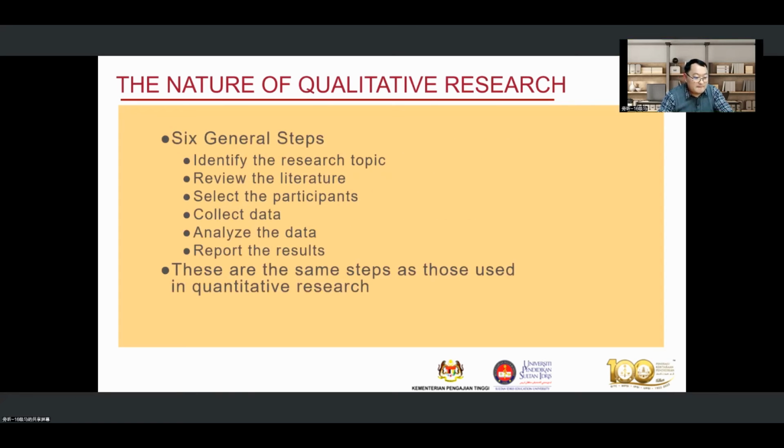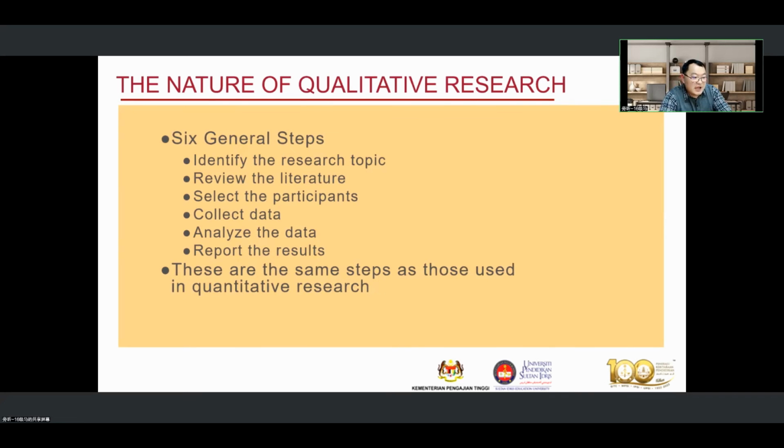The next, this page discusses the 6 research steps, namely, identify the research topic, review the literature, select the participants, collect data, analyze the data, report the results.